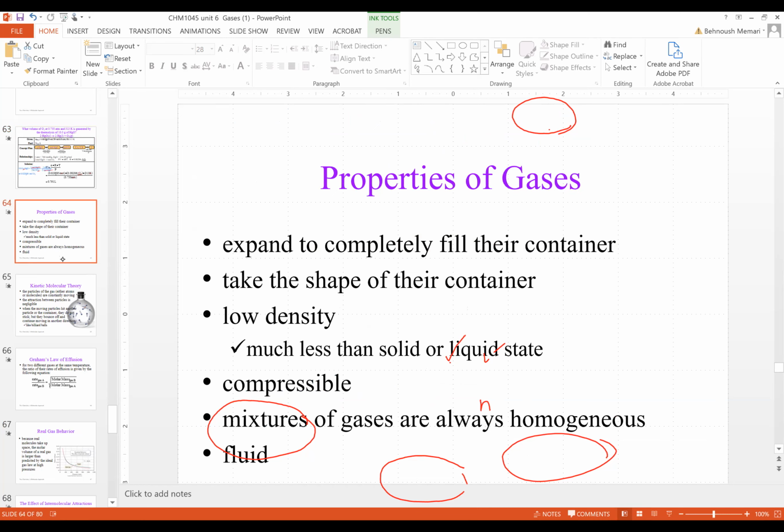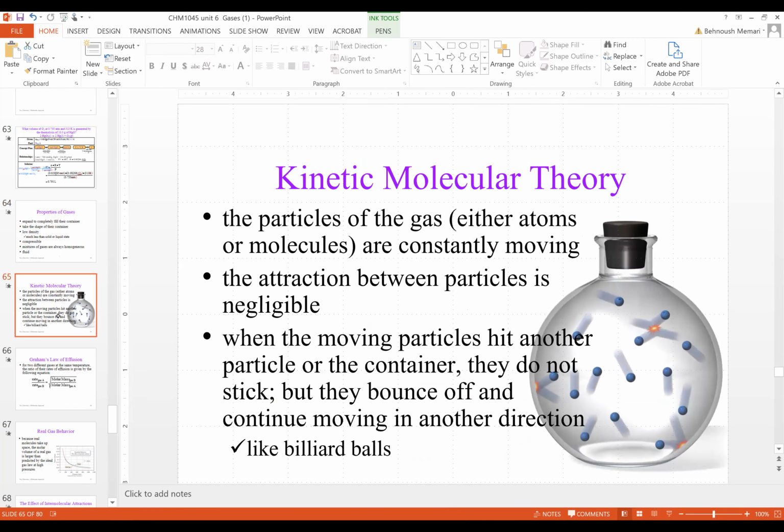Other topics covered are properties of gases. Gases have low density and they can mix with other gases and form homogeneous solutions. They are transparent and they are compressible. In the kinetic molecular theory, particles of the gas are constantly moving. The attraction between the gas molecules is negligible, especially if the gas is ideal, there's no attraction between them.